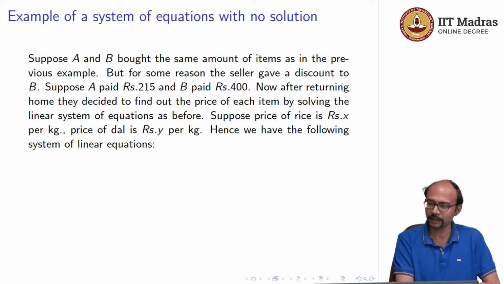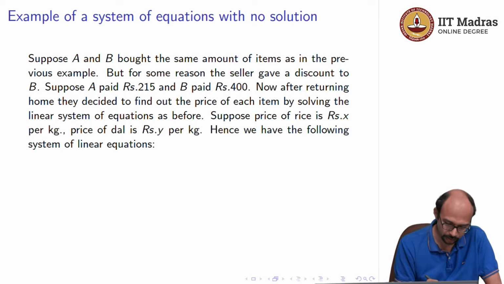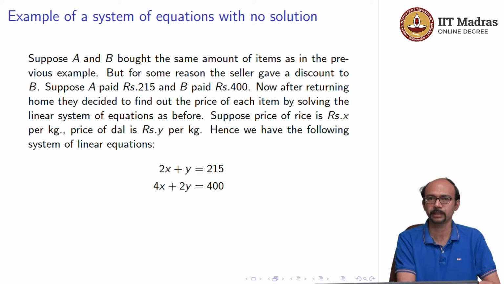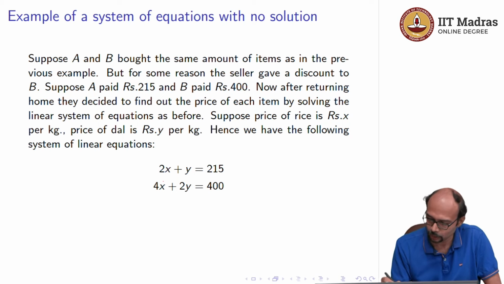Now after returning home they tried to solve this system. Again we put x and y to be the price of rice and dal respectively. So we get 2x plus y is 215, 4x plus 2y is 400. Let's try and solve this system of linear equations. Let's take the first equation and double it.